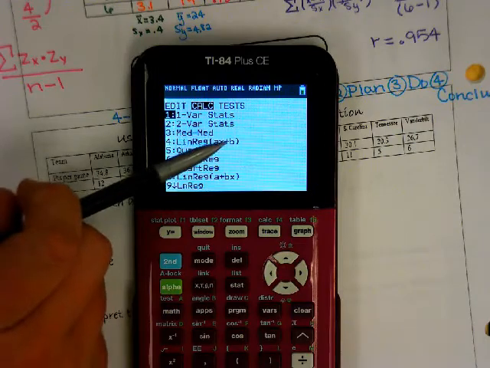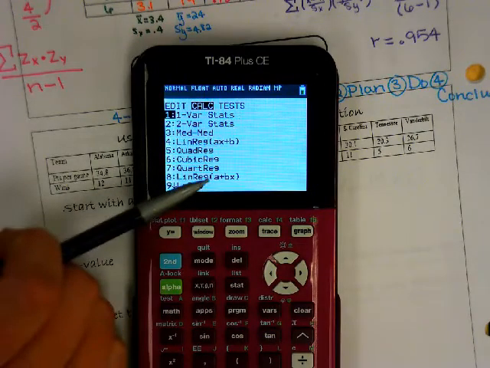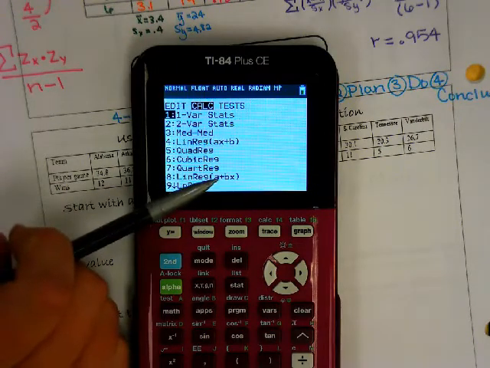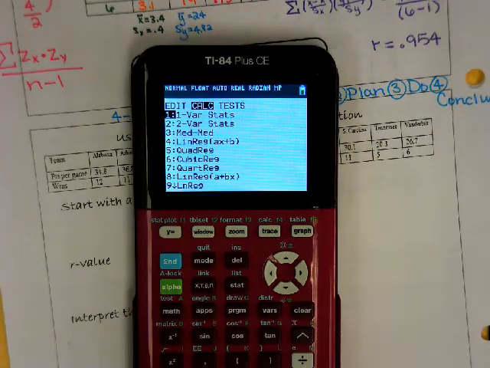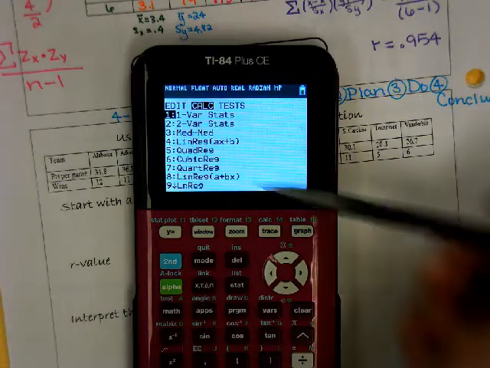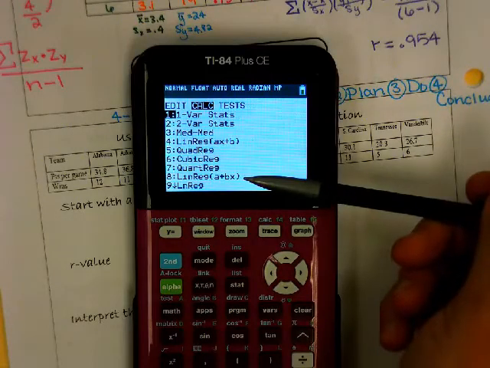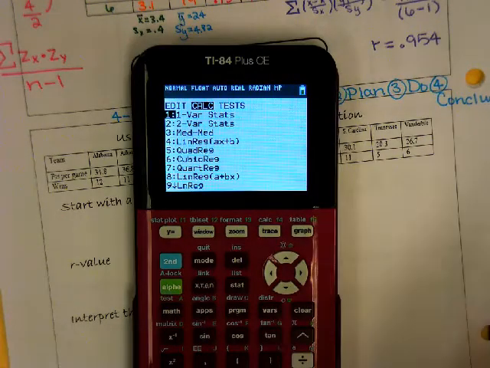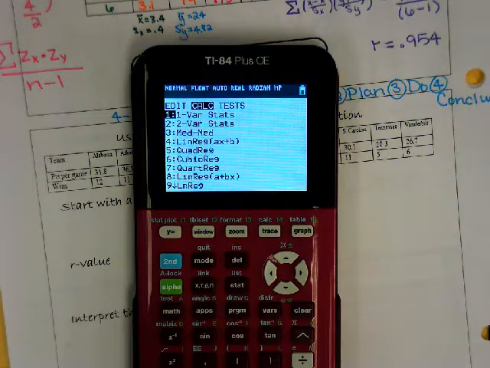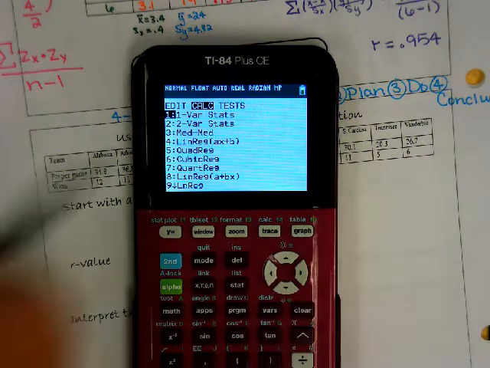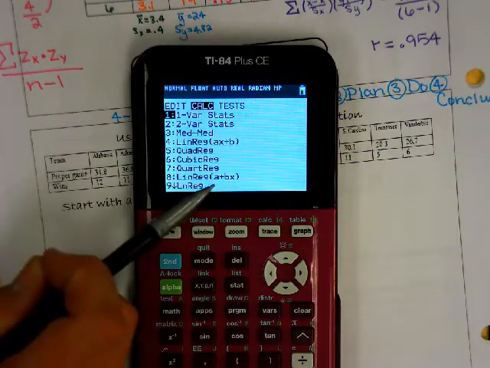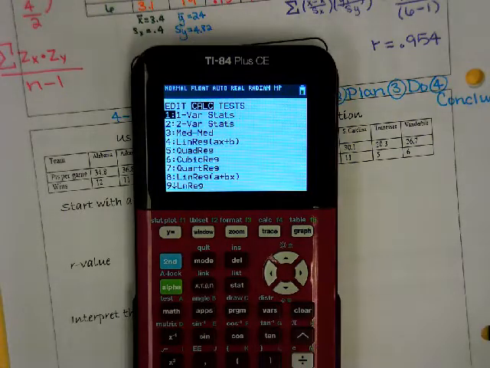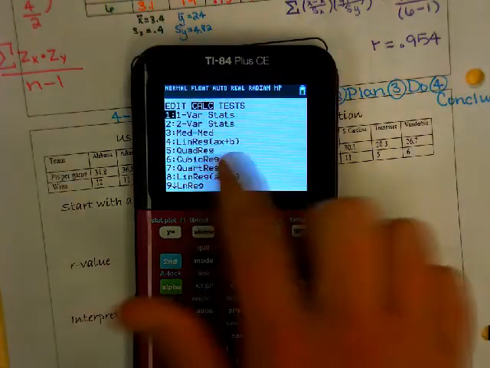In statistics, for whatever reason, we do a plus bx. If you do number 4, it's going to give you the exact same answer. Just know that in number 4, a is the slope and b is the y-intercept. Here, a is the y-intercept and b is the slope. Whatever's next to x in the little parentheses is your slope. I use 8 because in your textbook, that's the form they use, a plus bx.